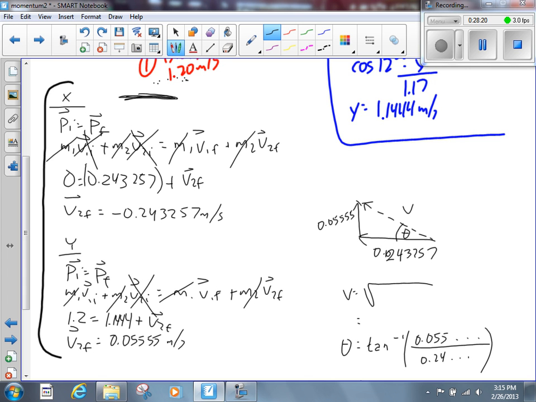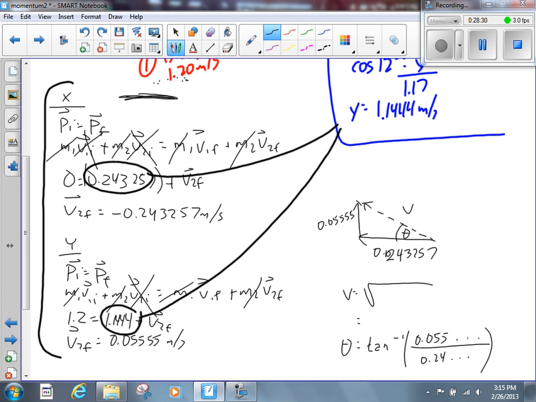We just have to get this value and this value from over here. That's it. Don't memorize this question. Understand why we did what we did on the right-hand side there.